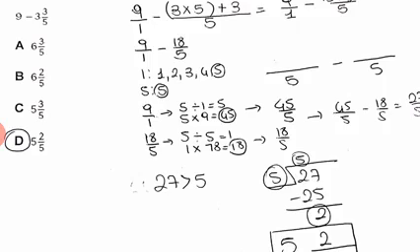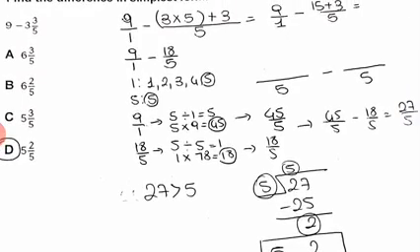Now we can make the difference, so we have 45 over 5 minus 18 over 5. The 5 on the denominator remains the same, so we write 5 down. Up, we will make 45 minus 18. 45 minus 18 is equal to 27. So the result is 27 over 5. But we don't want the numerator bigger than the denominator. So what do we make? We make long division.